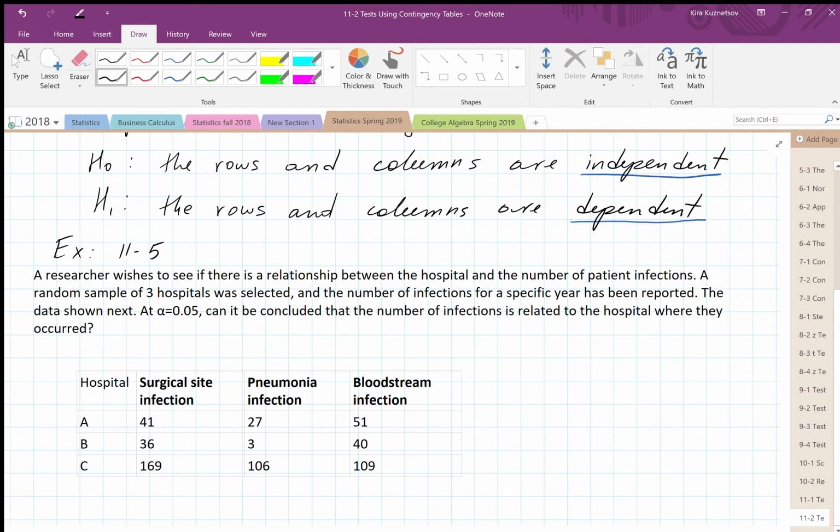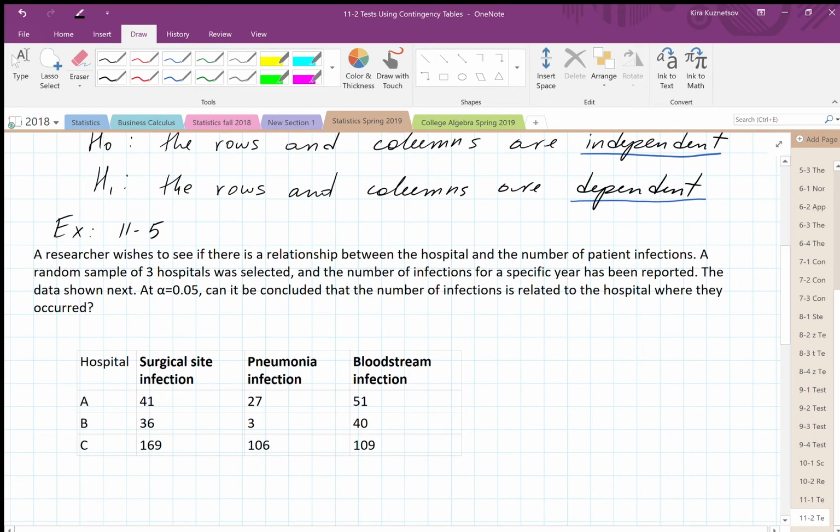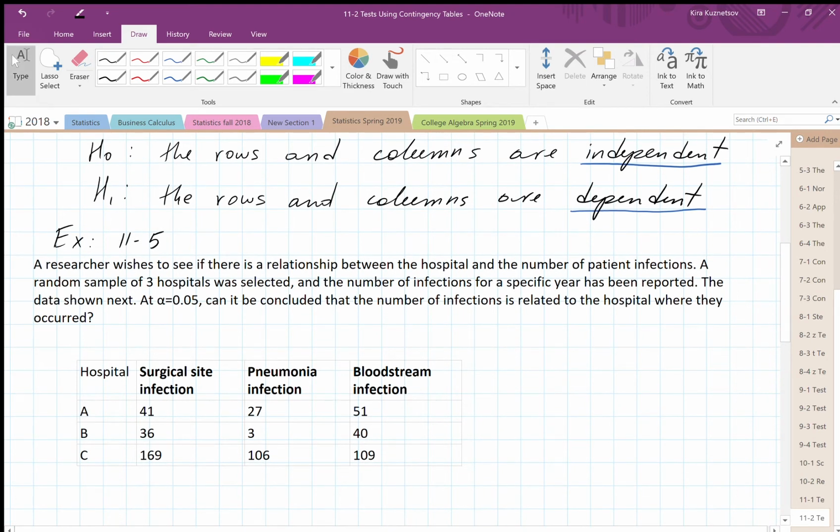In order for me to find the expected matrix by hand, I would need to first find all of these totals, because it's asking for the total of the columns and the total of the rows. Now the reason I'm doing that is to actually illustrate something. If you add these up, you'll see that there were 246 surgical site infections, 136 pneumonic infections, and 200 bloodstream infections.